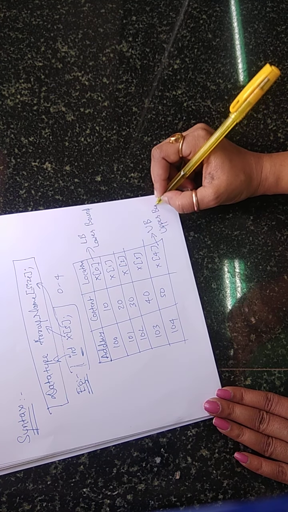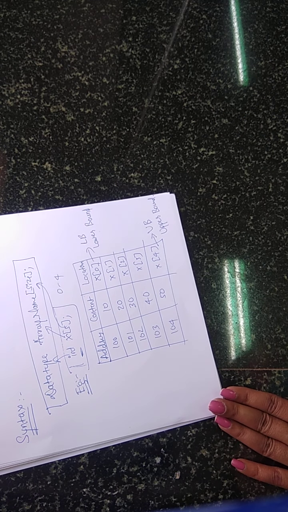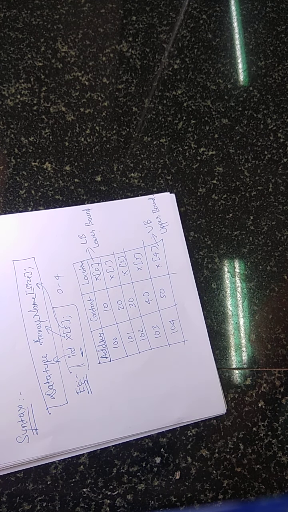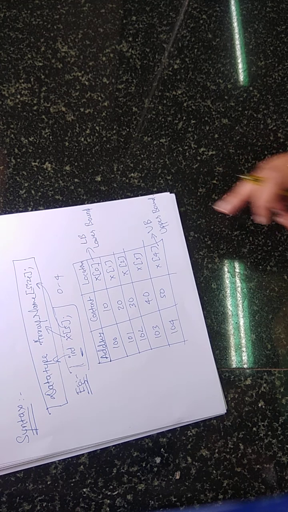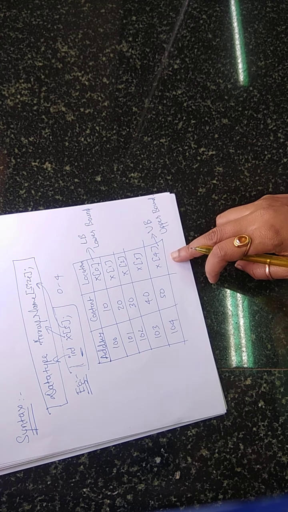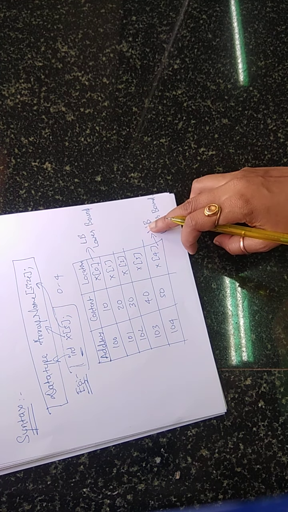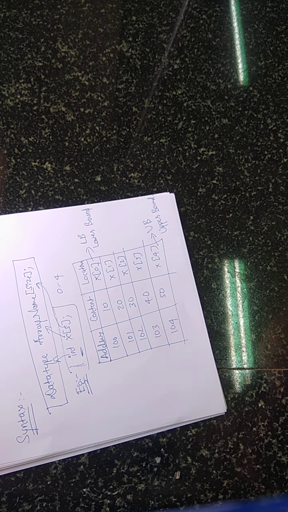UB stands for upper bound. So remember, these are the terms. First location of your array is called LB, lower bound, and the last location of your array is called UB, that means upper bound.